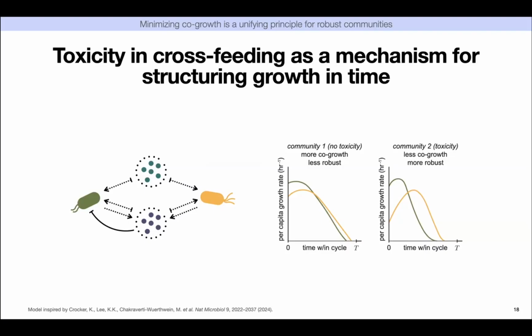However, we're interested in looking at how, on a backdrop of cross-feeding inspired by generalists in denitrification, if you add, in addition to that, toxicity of one of the metabolites, how that's then going to work, again, as a mechanism for separating growth in time. And then similarly, we would do a study of the community lifetime.